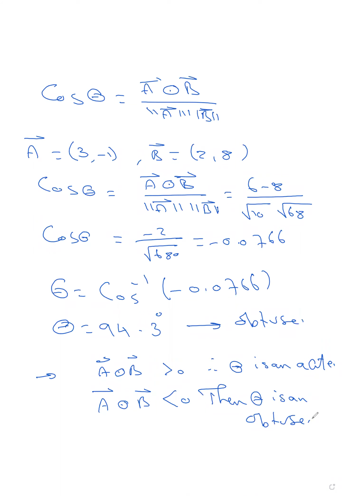Okay, another example. If A is (5, -2) and B is (4, 10), find the angle between them.